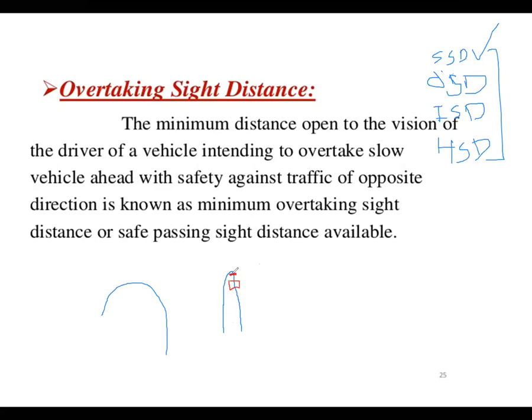Until this point, the driver is not able to see this obstruction, and the distance between vehicle and the obstruction is very small. So in such a situation, what will happen?